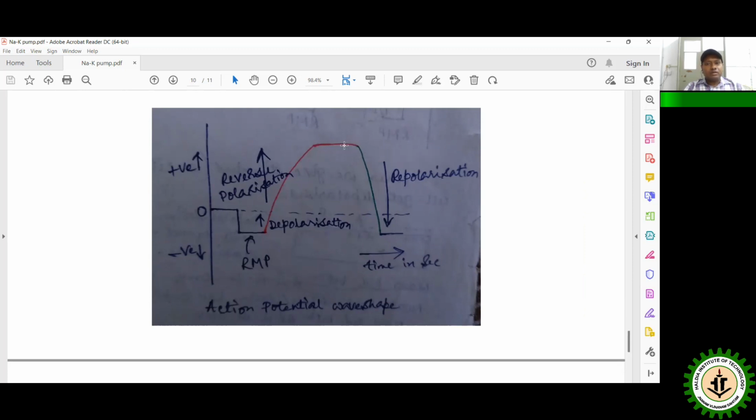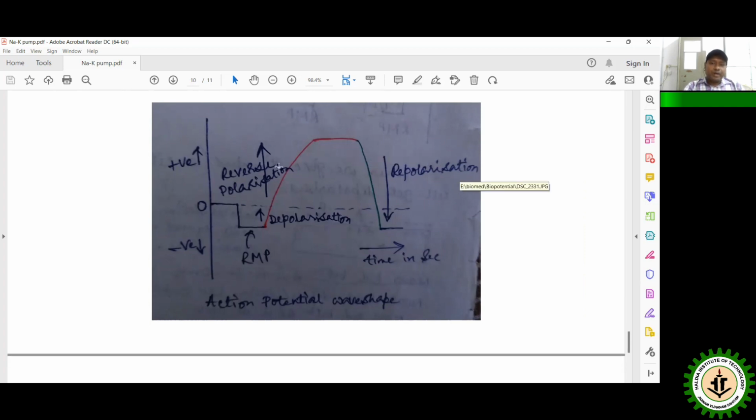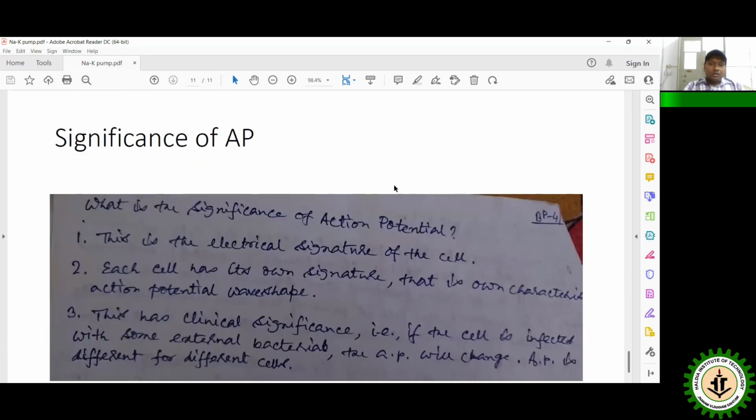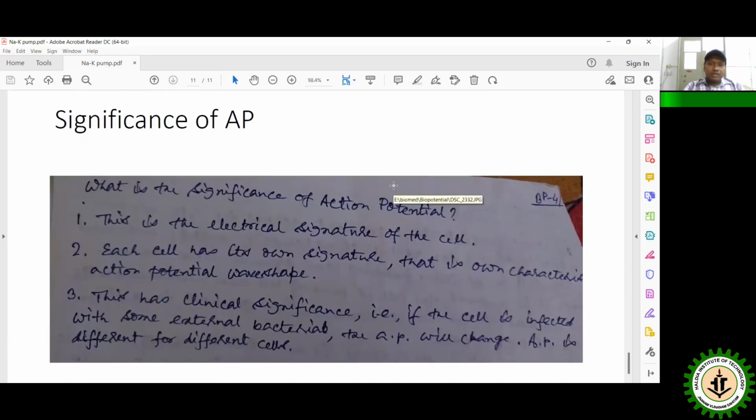So depending upon the nature of the cell, this wave shape will change. If it is a nerve cell we see a spike, and if it is a muscle cell there will be a flat top, which happens due to the time. So this is the electrical signature of the cell.